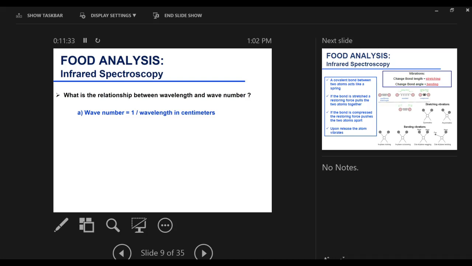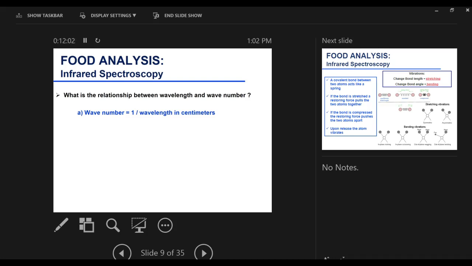Oftentimes you see that the absorption or transmission spectra in IR is not against wavelength, it's against wave number. Instruments and computer systems in IR usually give you a plot of transmittance, reflectance, sometimes absorption against wave number.